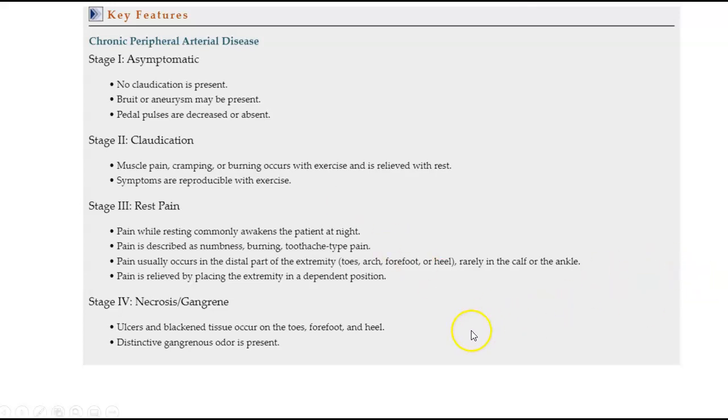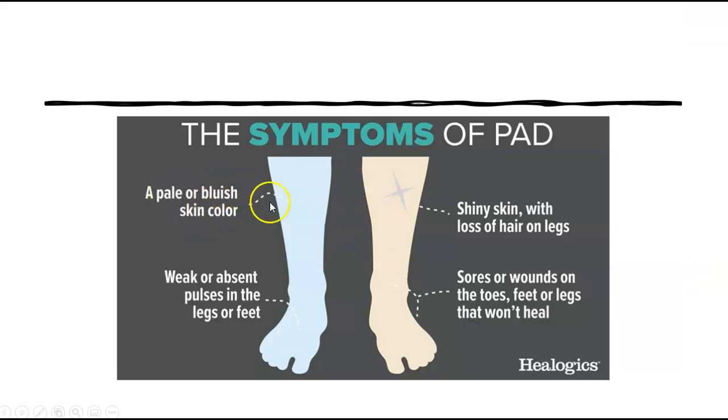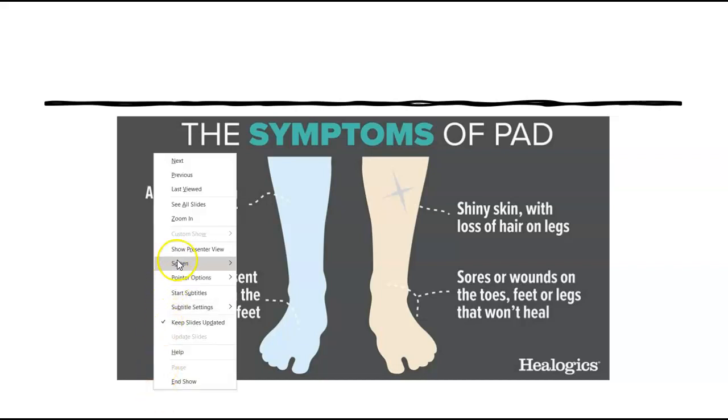In this stage, a lot of times you might see just some general symptoms, and some of your clients may not even be aware that they have peripheral arterial disease. So this is something that you'll sometimes pick up on based on your assessment.